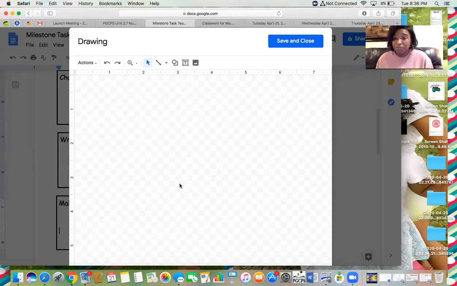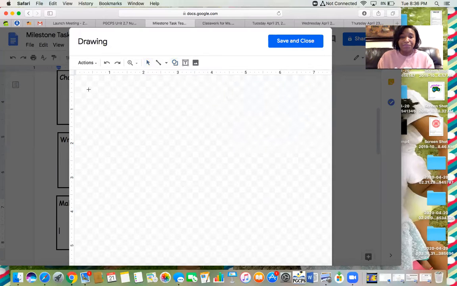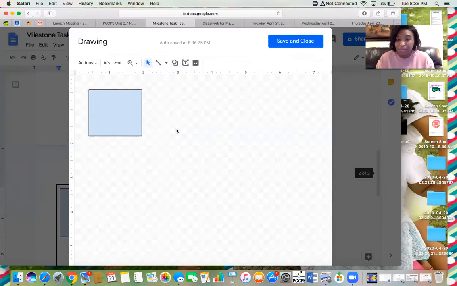So I'm going to first work with my hundreds place. So right here where it says to draw a shape, I'm going to click shape. I'm going to go to my shapes, and then I'm going to use this square right here because we know to show 100 is nothing but like a big square. So I'm going to click the square. And then I'm just going to draw a big 100 like that. I'm not going to make it too big because I'm going to leave space on my work.